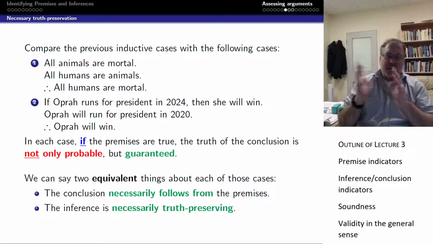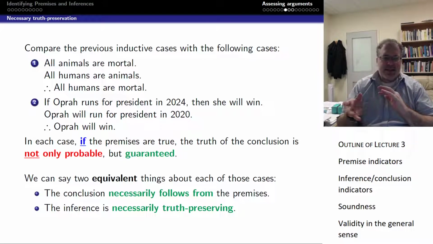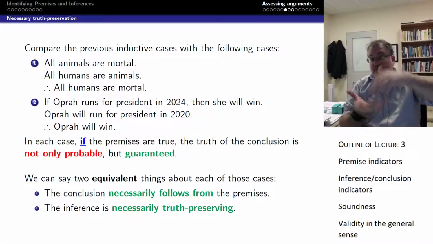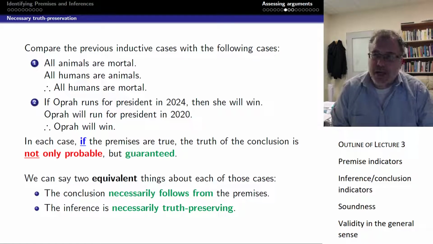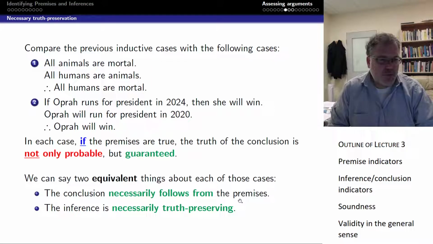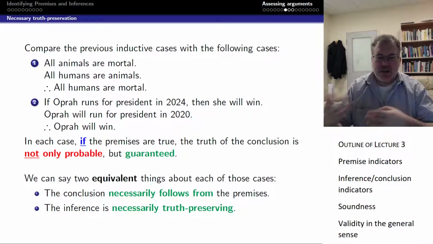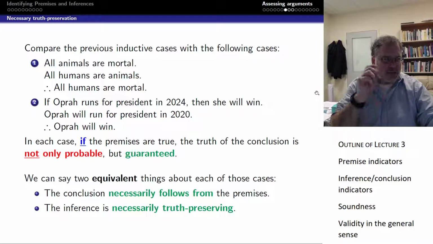So that means now we have a good way of understanding two equivalent ways of describing the logical strength of arguments, namely that the conclusion necessarily follows from the premises. And the other way of thinking about it is that the inference is necessarily truth-preserving. Right? So I hope it helps to clarify.